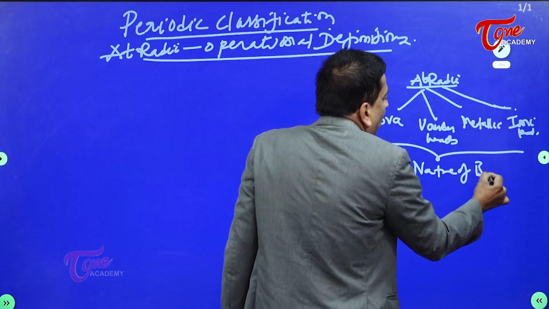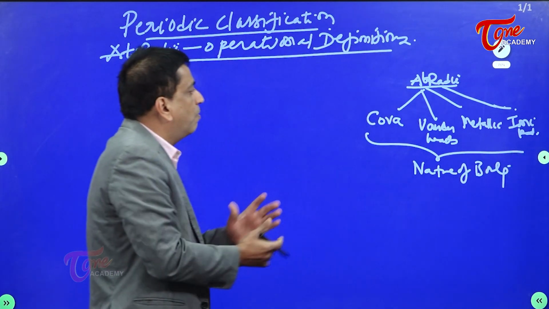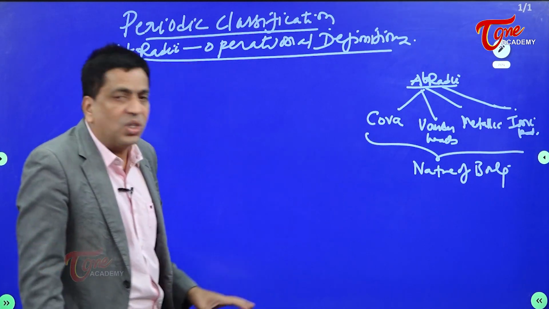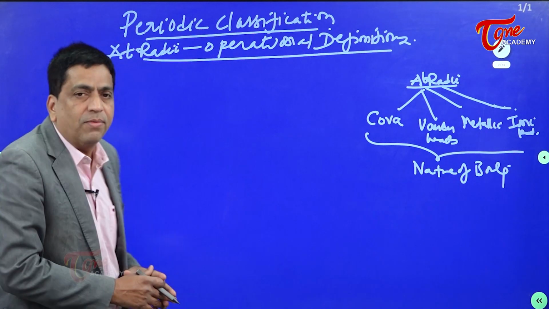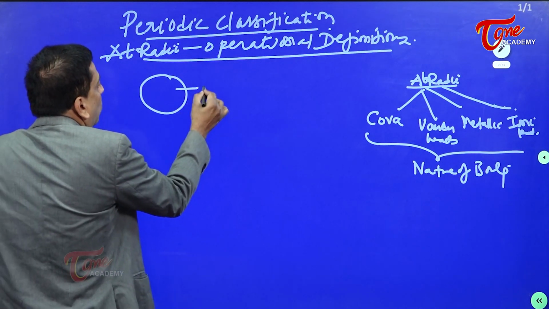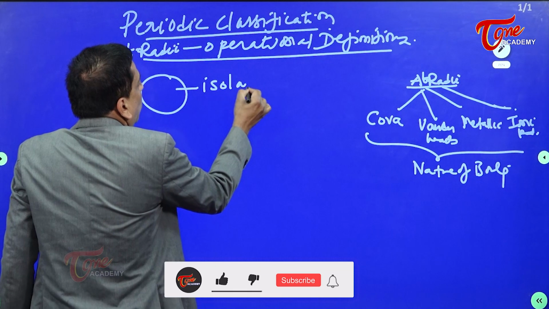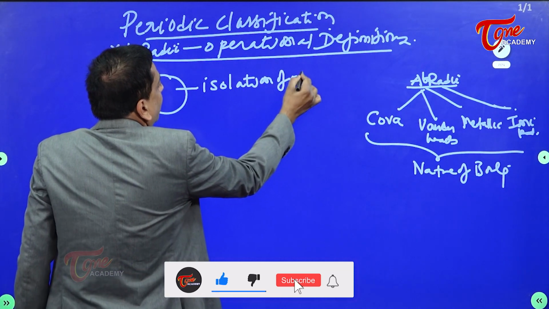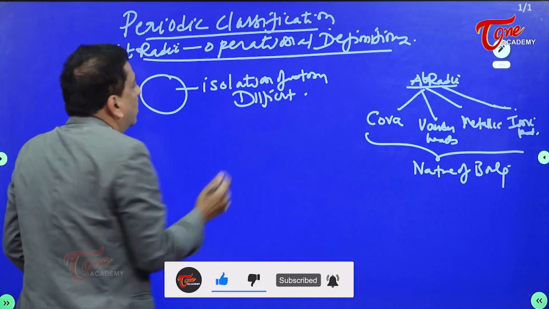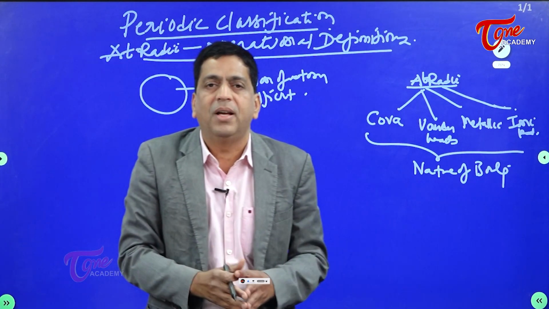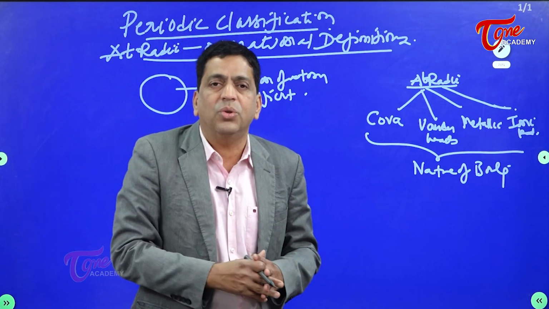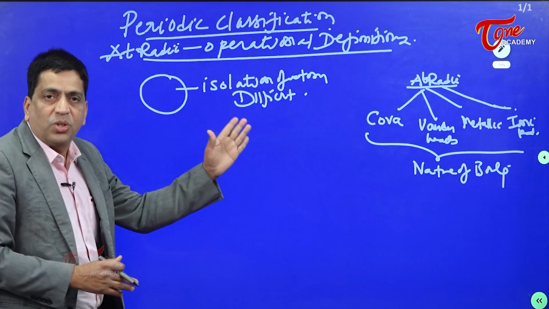If I can explain why 4 classifications are required: you are supposed to isolate an atom, but isolation of an atom is difficult. You can't isolate an atom and cut it off for finding the atomic radius.